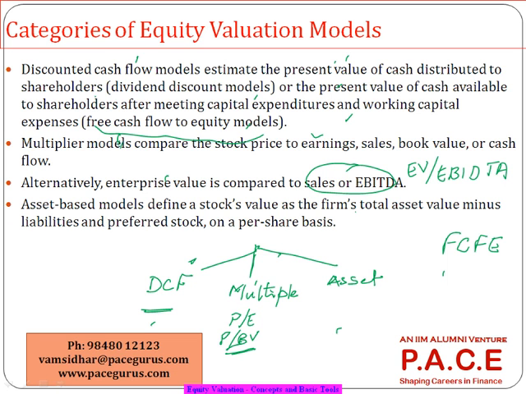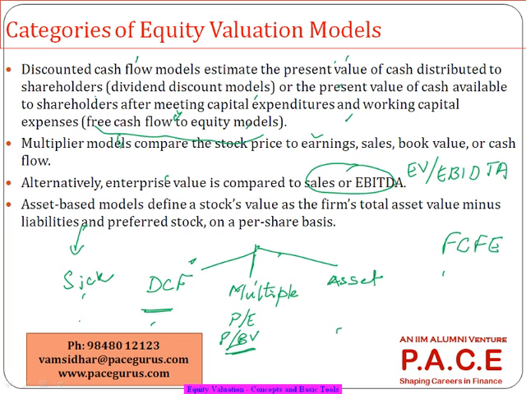And finally, the asset base. We are simply looking at the total value of the assets minus the liabilities, and then finding it out on a per share basis, which is what an asset-based valuation model is, generally applied for companies which don't have too much of a future, generally sick units, where the operations are not that great.